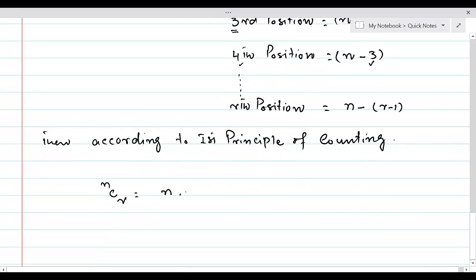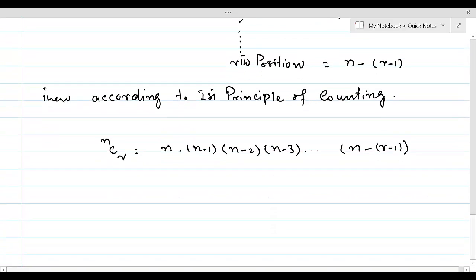That is n times n minus 1 times n minus 2 times n minus 3 and so on up to n minus (r minus 1). Here we use double bracket, but if you open this up, this would become n times n minus 1 times n minus 2 times n minus 3 up to n minus r plus 1.